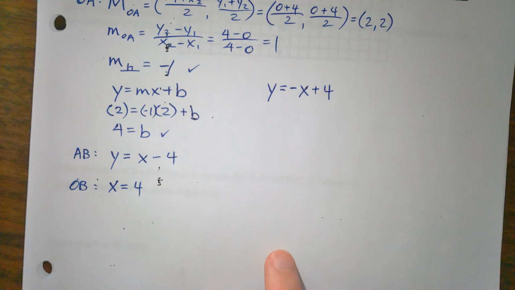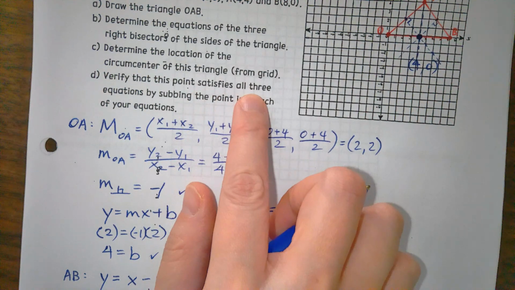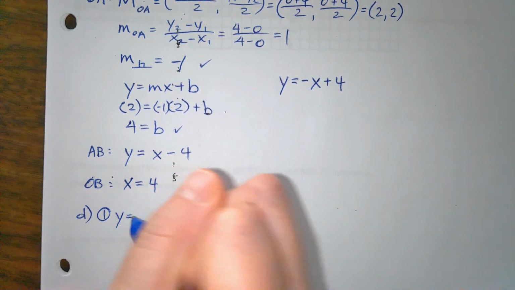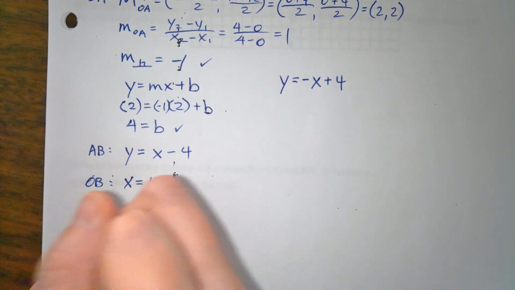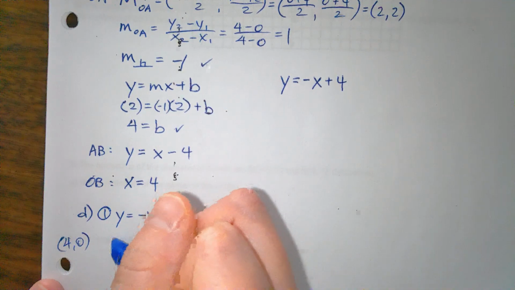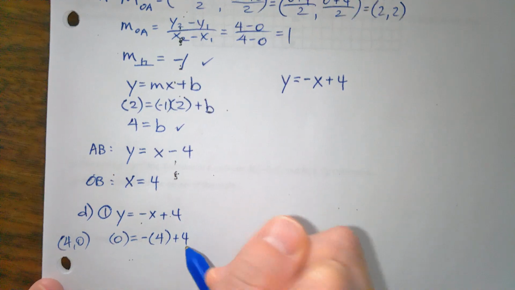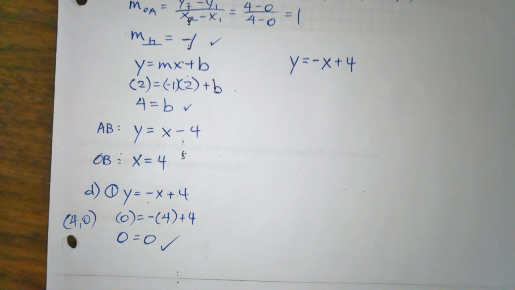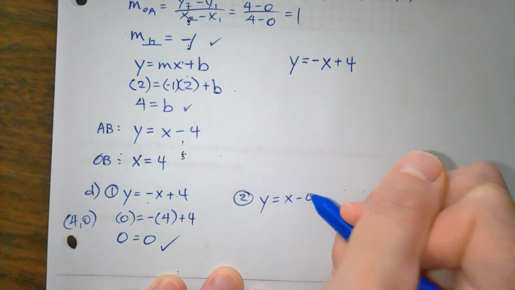So for part D, verify that the point satisfies all three equations. I can sub it into the first one. My first equation was y equals negative x plus 4. I'm going to sub in (4, 0). When you do this, you get 0 equals 0. So yes, that is correct. That means (4, 0) is on this line. What about my second equation, y equals x minus 4?